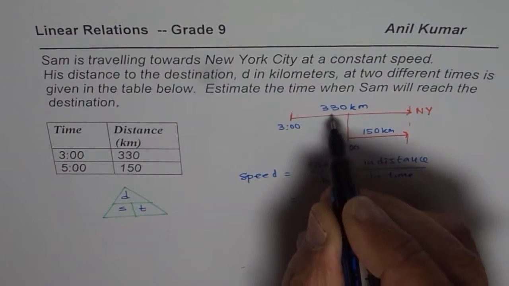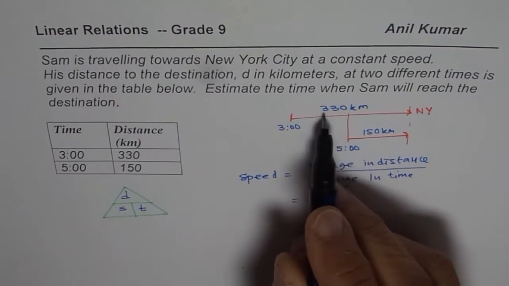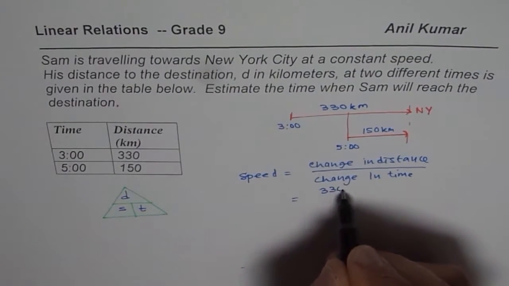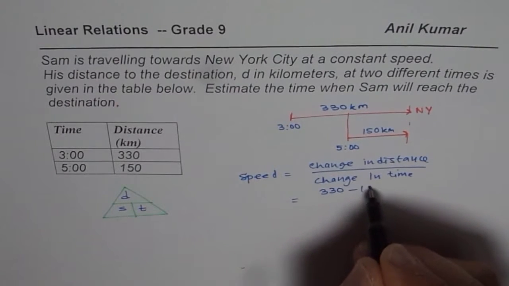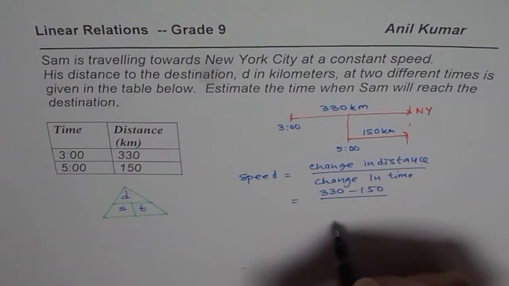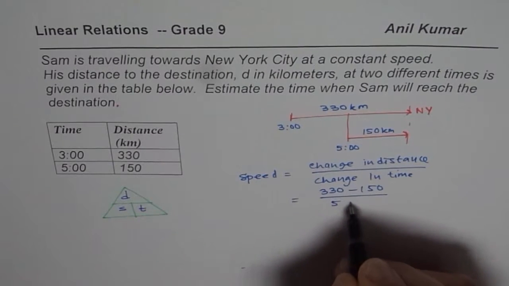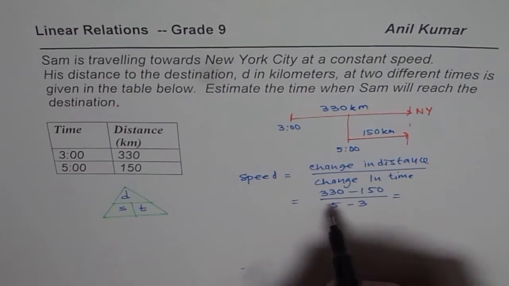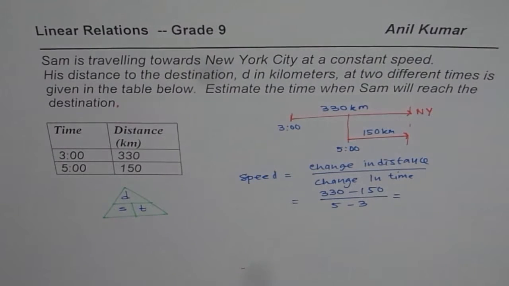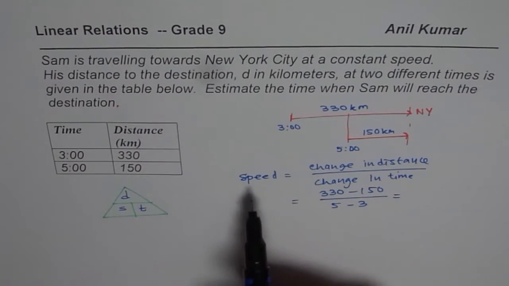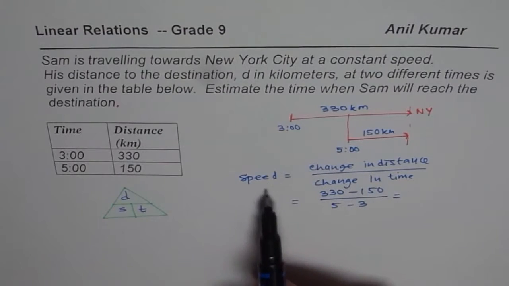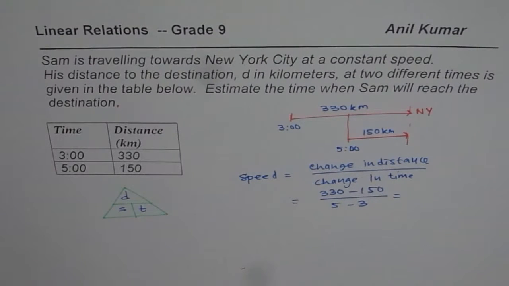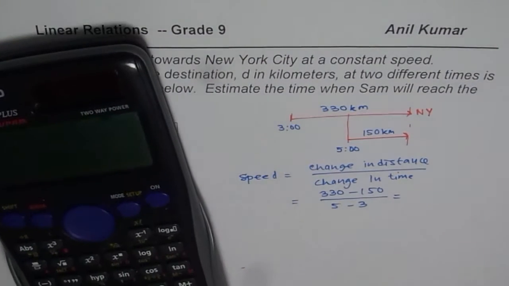So in this case, it was 330 kilometers, right? Now the distance decreased to 150. So that is the change in distance, and time is 2 hours, 5 minus 3, right? I interchange this, as I know distance is decreasing. We don't want to write speed negative, so we will keep this as positive.